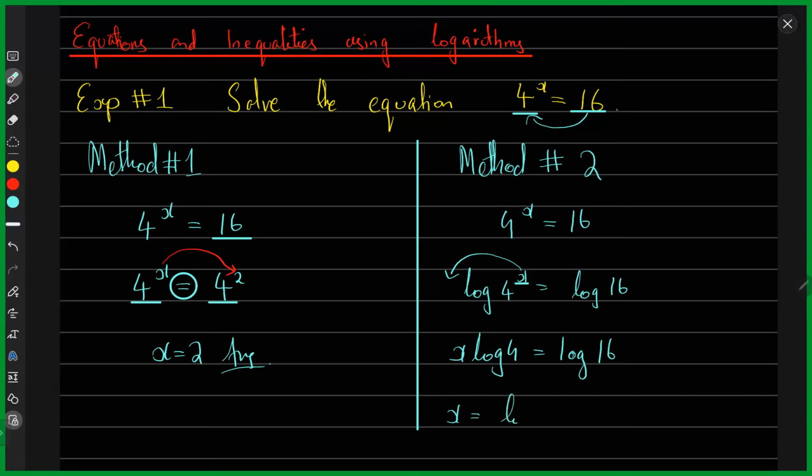Now I can write it down this way. x equals log 16 divided by log 4, and we discussed some properties for logs.